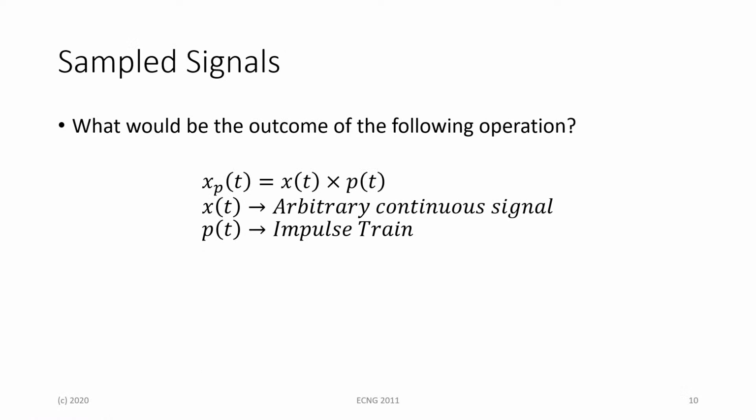So what would be our outcome if we took an arbitrary continuous time signal here, x of t, and multiplied it by our impulse train here, p of t, to get our end result, which is going to be xp of t.